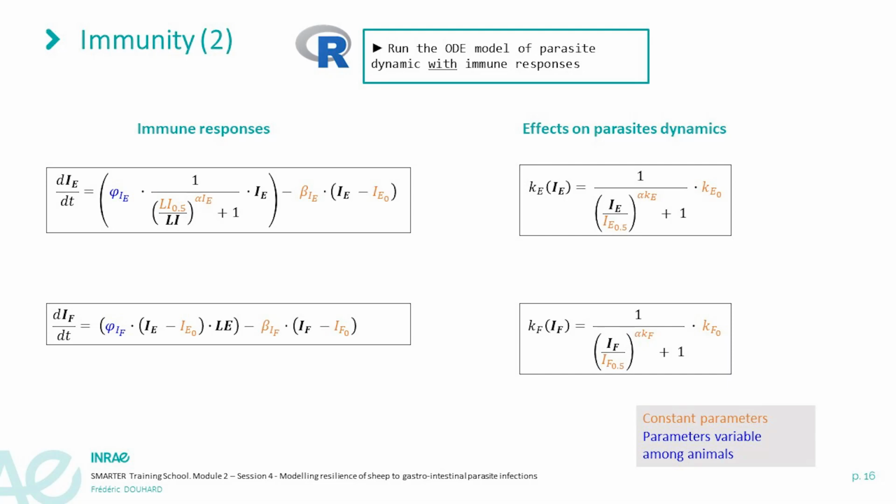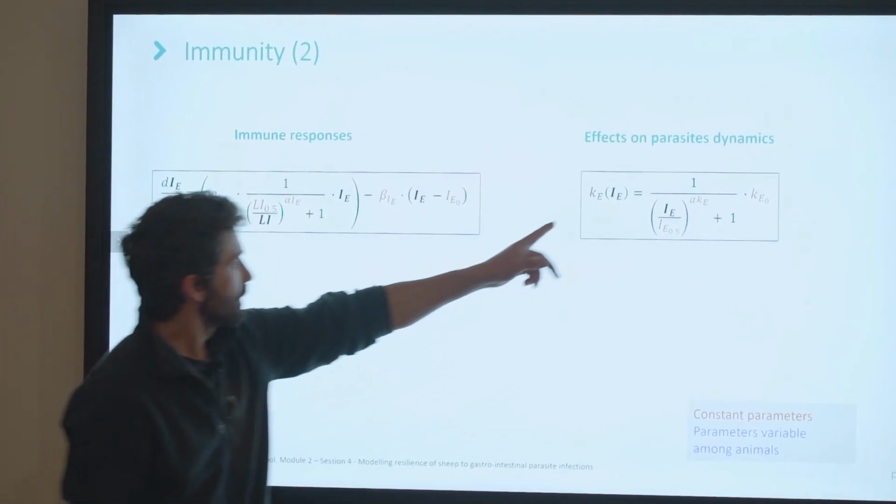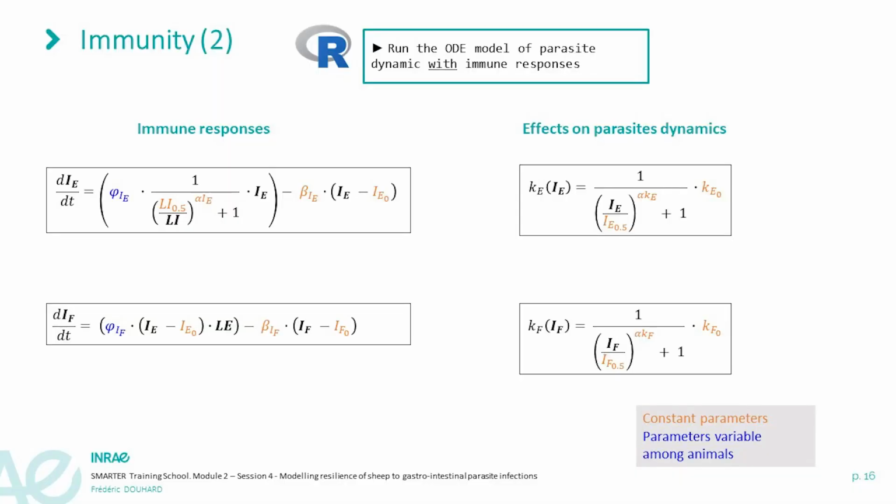So the higher the value of parasites ingested, the more you will increase the immunity against establishment. And when you have an immunity against establishment, it will decrease the value of the transition rate from ingested to establishment. And basically, we have the same for the fecundity.